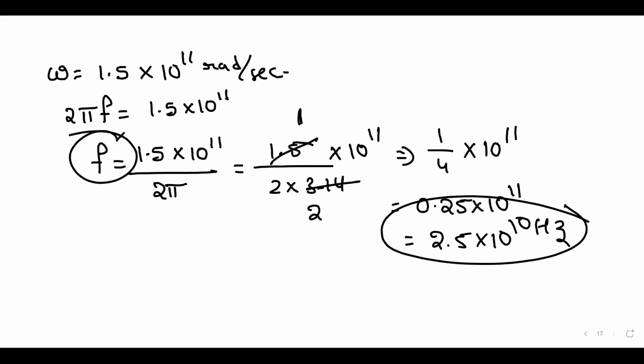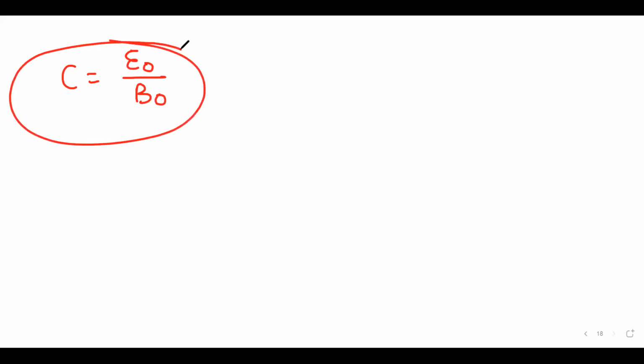Nice. Now look here. There is one more formula for velocity of light. I didn't write it. Velocity of light c is equal to E naught by B naught. Okay, this is another formula.